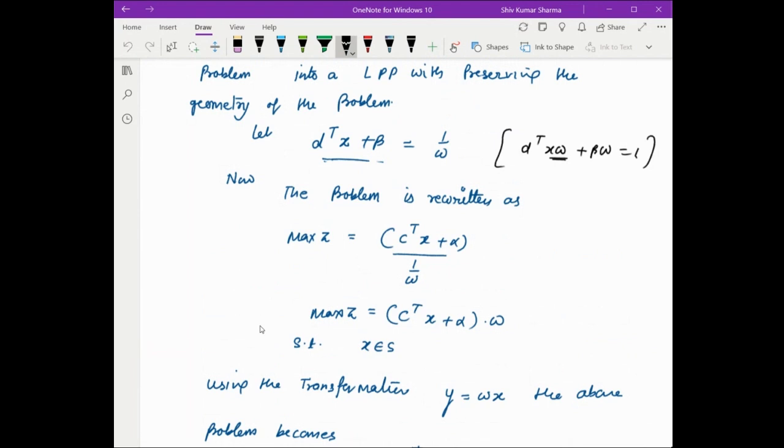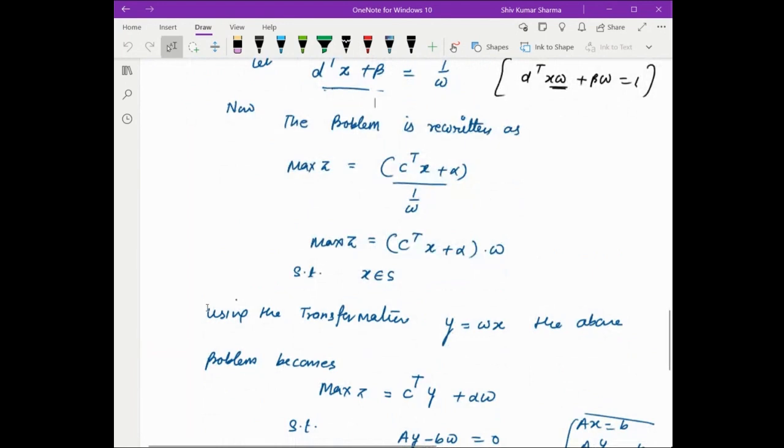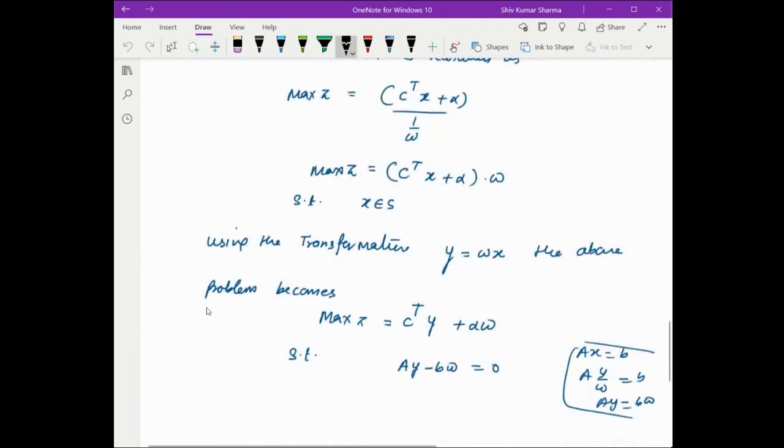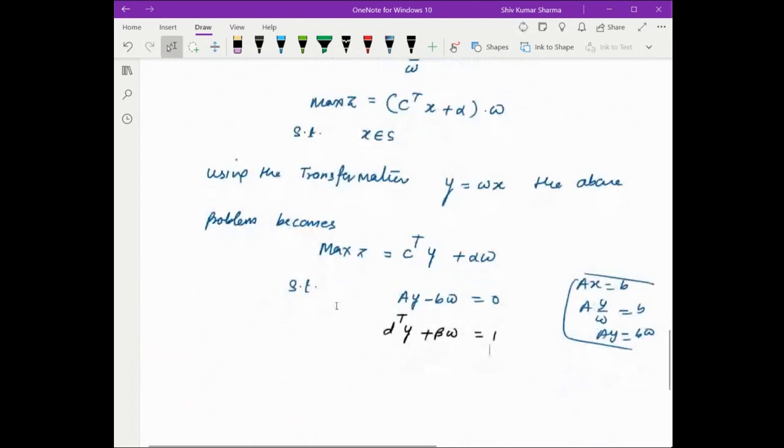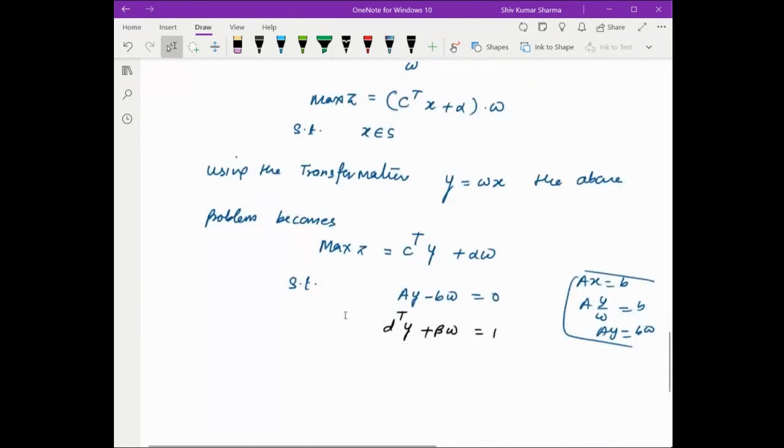Here we replace x omega by y, and write d transpose y plus beta omega equal to 1. Here we use two variables, y and omega, with y and omega greater than or equal to 0. So this is our equation number 2.